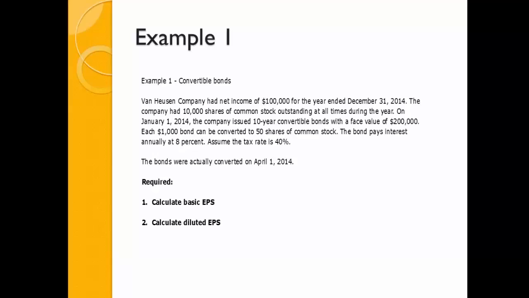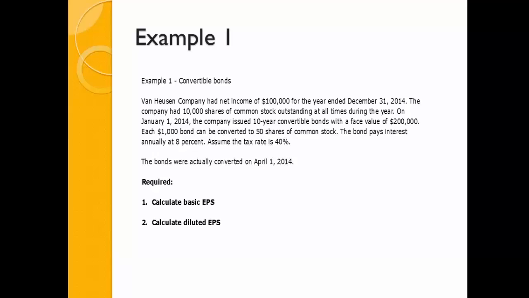Van Heusen Company has net income of $100,000 for the year ending December 31st, 2014. The company has 10,000 shares of common stock outstanding at all times during the year. Key point is that we have 10,000 shares outstanding during the complete year.